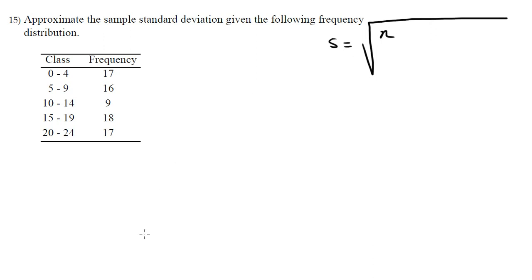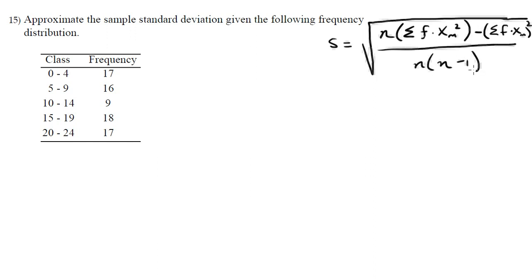N times the sum of the frequencies times the midpoint squared, minus the sum of the frequency times the midpoint, squared, over n times n minus 1. Now this is the formula listed on your formula sheet. That's why I'm using this particular one, the computational formula here.